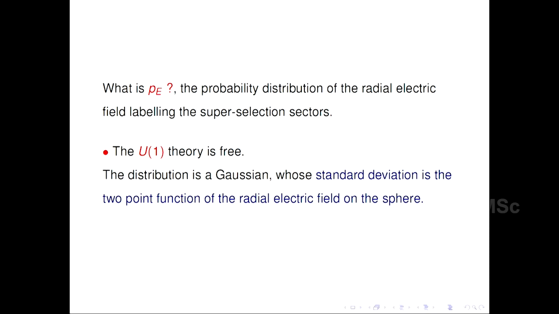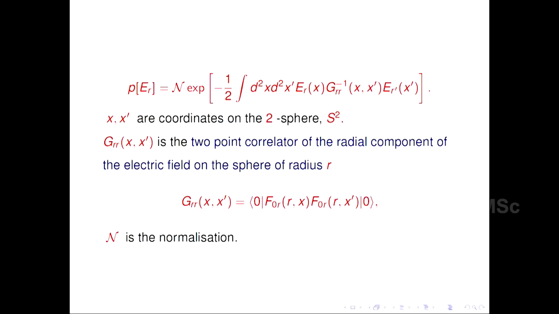The U1 theory is free, so the probability distribution has to be a Gaussian, whose standard deviation is given by the 2-point function of the electric field on the sphere.